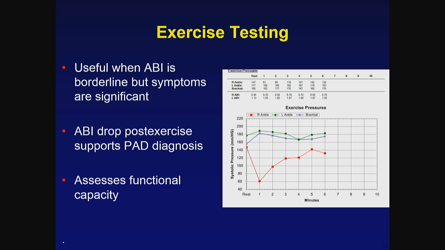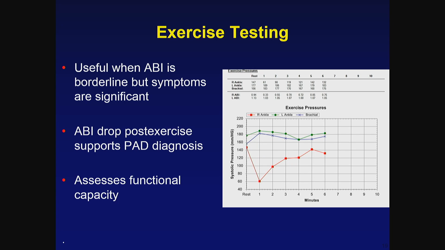In patients who may have relatively normal resting ankle brachial indices and who yet have convincing exertional symptoms, exercise testing can be a good way of quantifying the severity of the suspected peripheral artery disease, and of course also qualifying the symptoms.